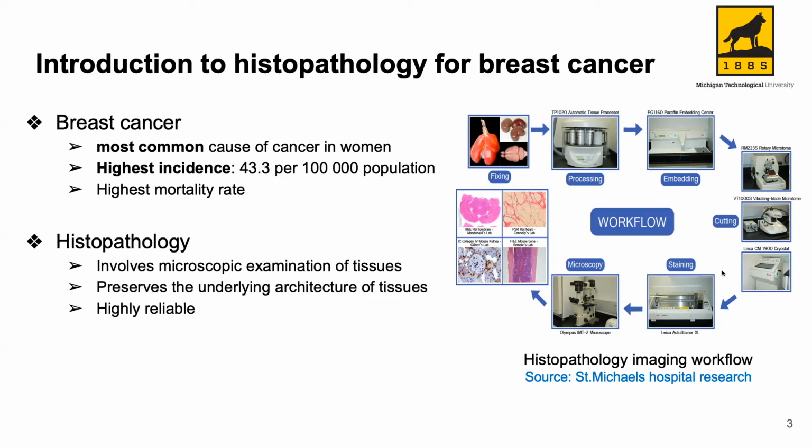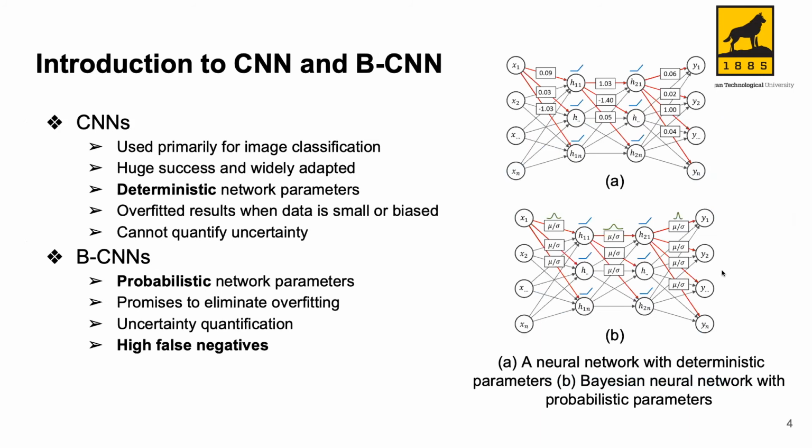There are a lot of works in this direction, because image classification is a big area for machine learning application. Very large deterministic convolutional neural networks are very popular for various medical image classification.